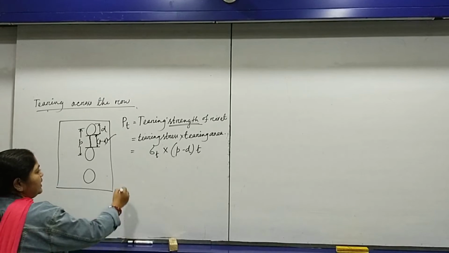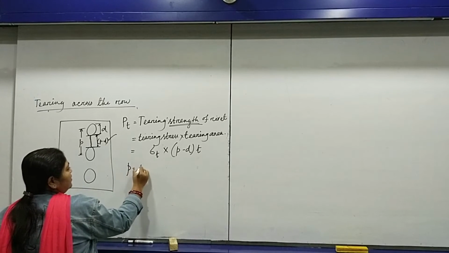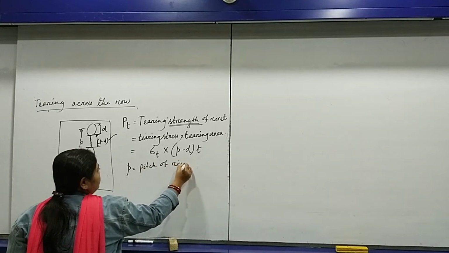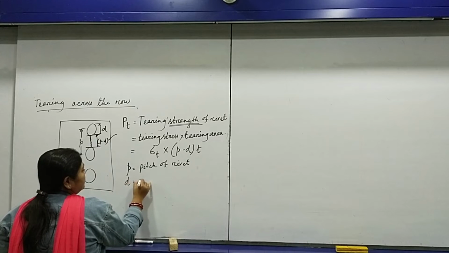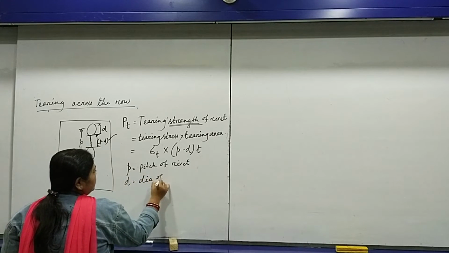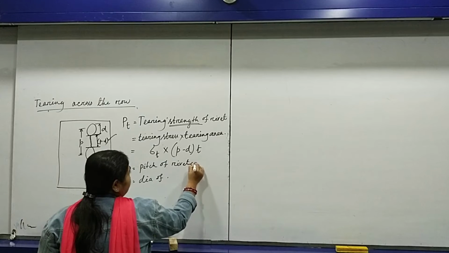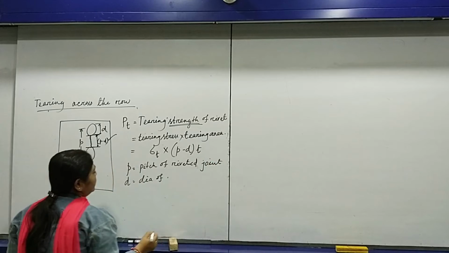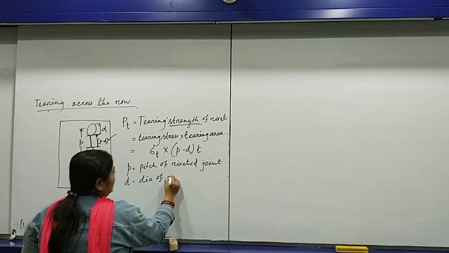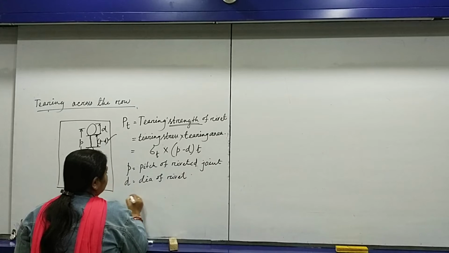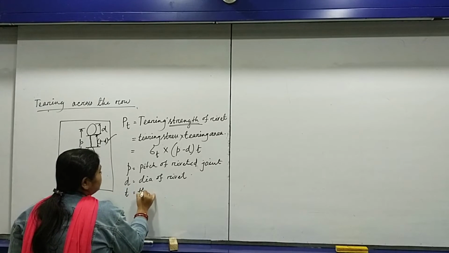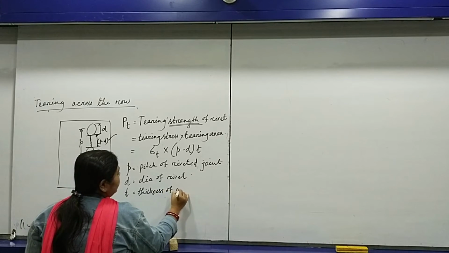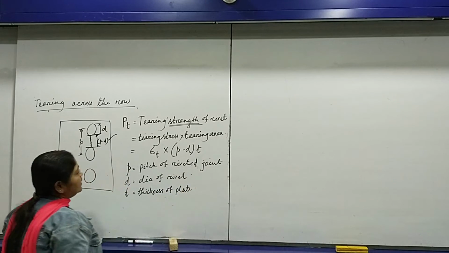Here p is the pitch of the riveted joint, d is the diameter of the rivet, and t is the thickness of the plate.